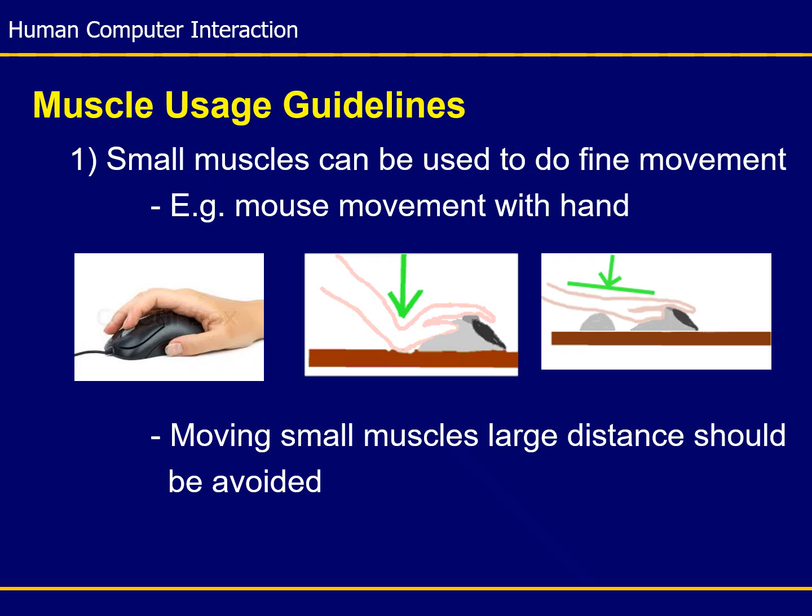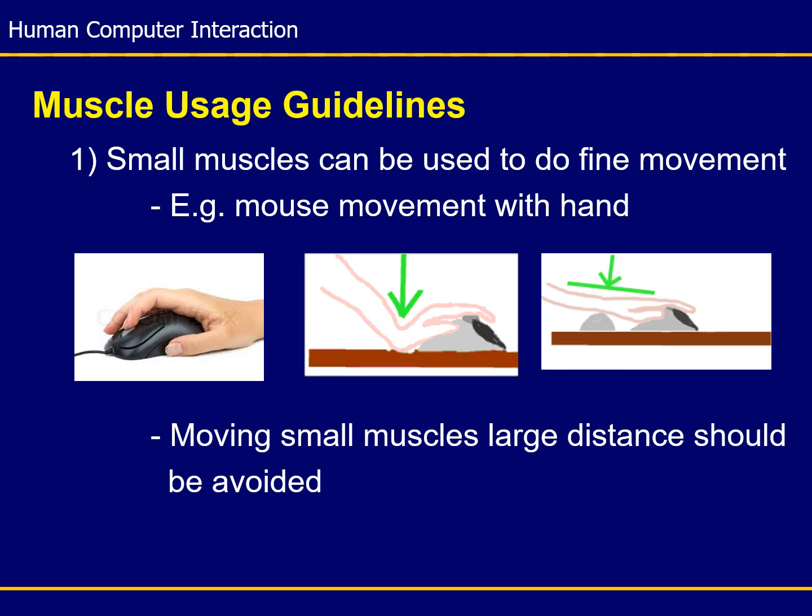And your hand also rests on the table. What that means is you're not really carrying your hand. You would be carrying it against gravity if you raise it up and suspend it in air. But if you rest it on the table, now the table is carrying your hand. The movement that you do with the mouse is very limited.